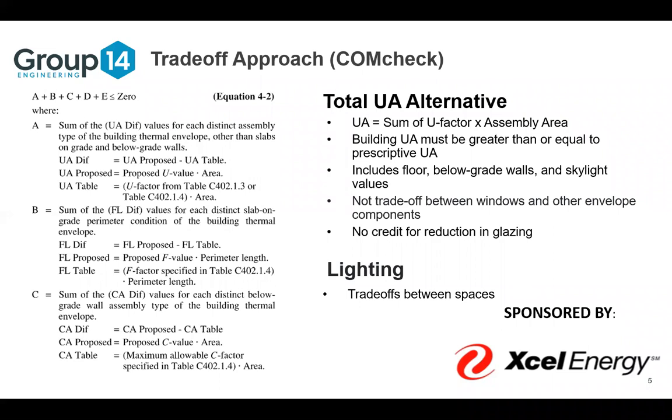I need to have R7 on my south wall just because there's another building so close, whatever. So you can do some of that trade-off within COMcheck. And then, as we talked about, the trade-offs between the spaces of the lighting. So that's just within COMcheck.